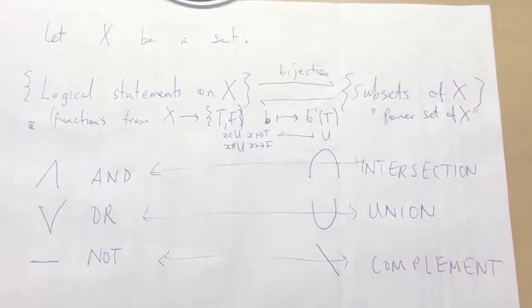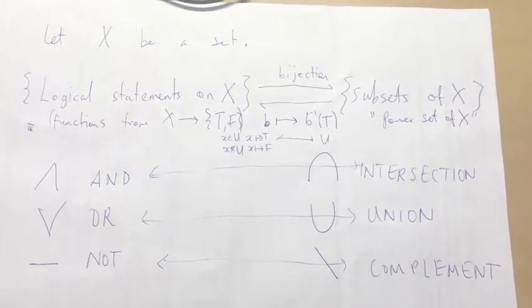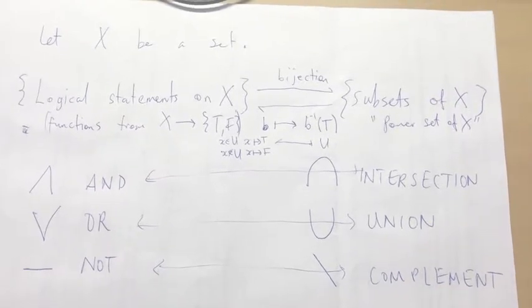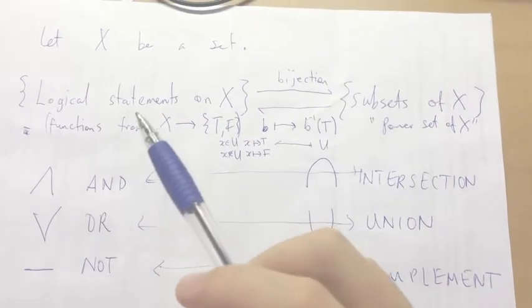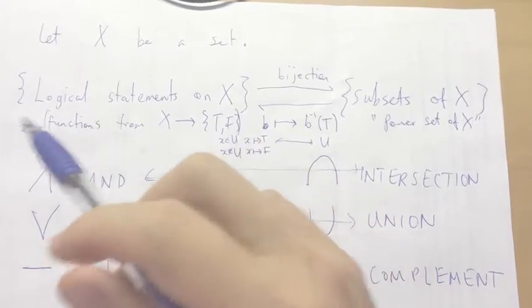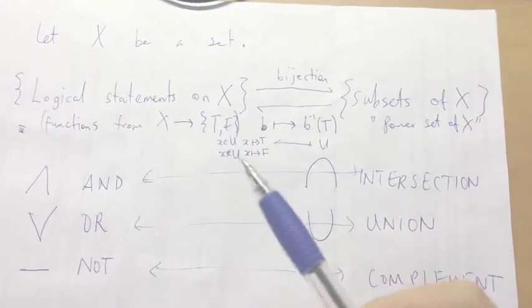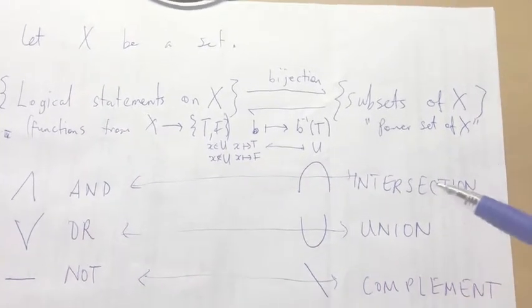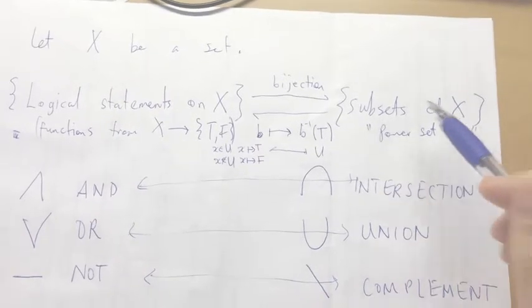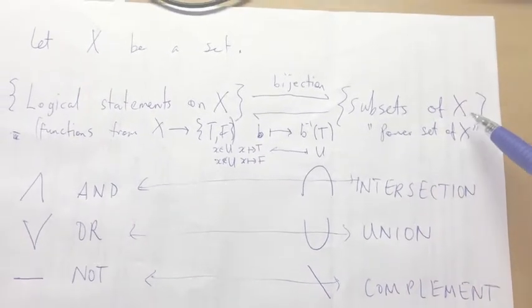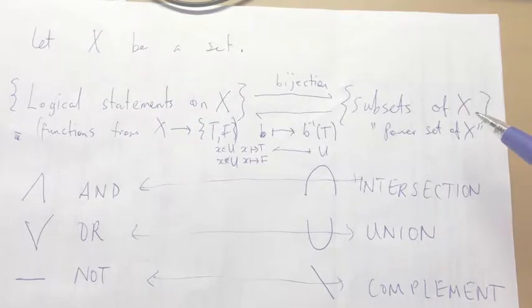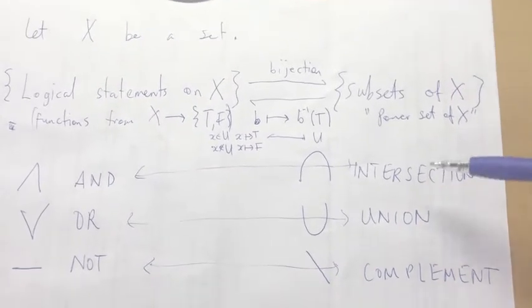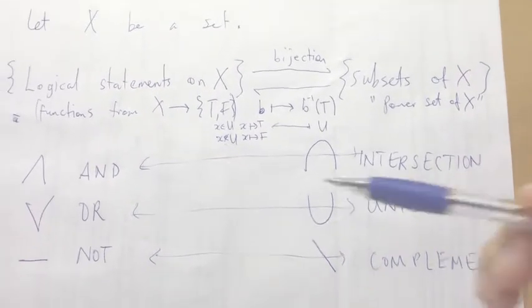Okay, so we had logical statements defined as functions on a set, and we can make the set of all such logical statements. Then we have sets, which we've made as a set of subsets of a fixed set. Okay, and then we said that sets have structures of intersection, union, and complement.